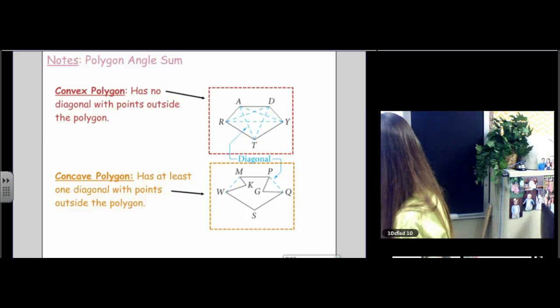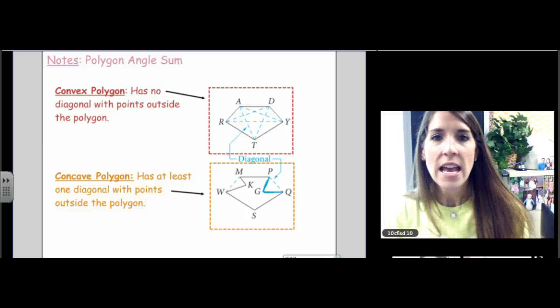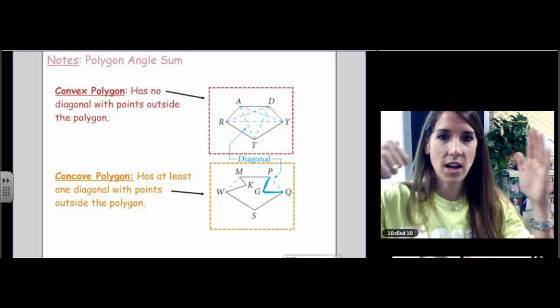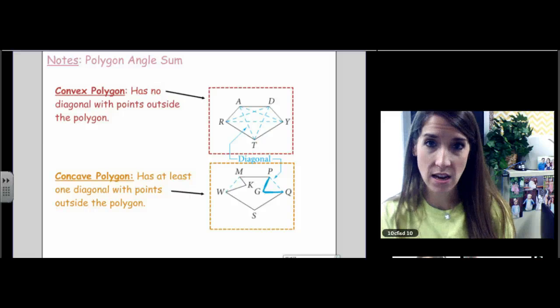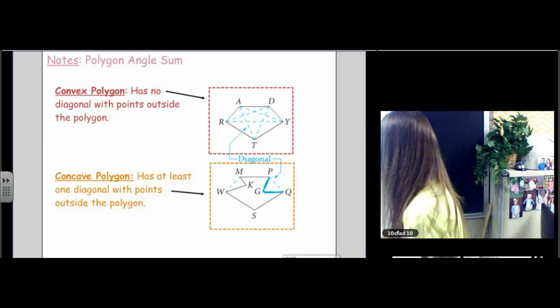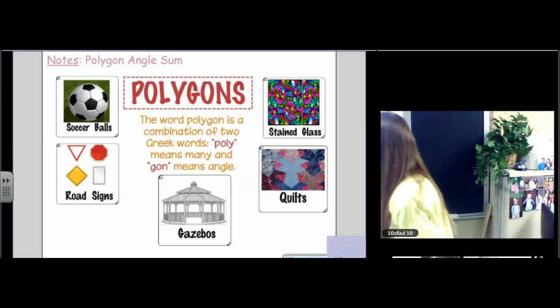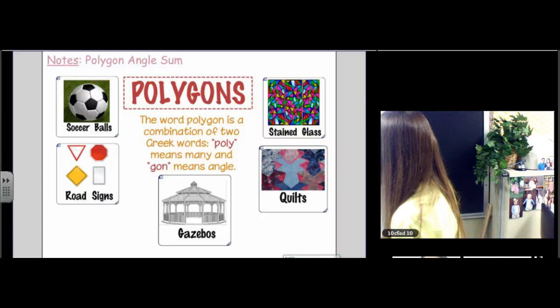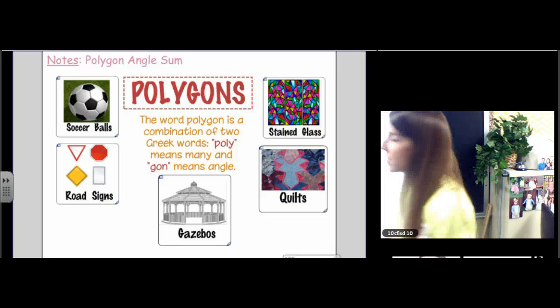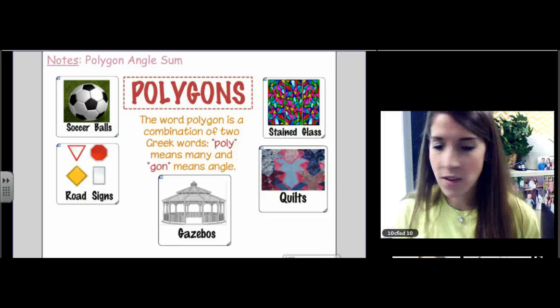Concave would mean one of the sides caved in. It's like someone took one of the sides and punched it in. So concave means one of the sides caved in. I want to go back to this slide real quick. In this quilt, this is a concave polygon. You see that? That is an example of a concave polygon.